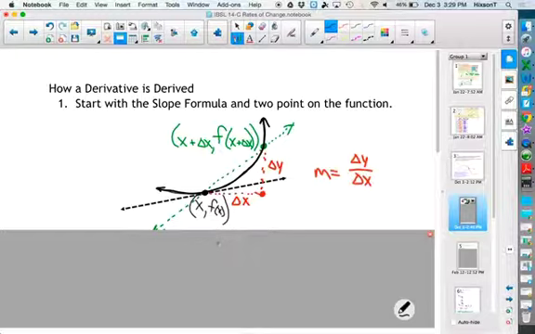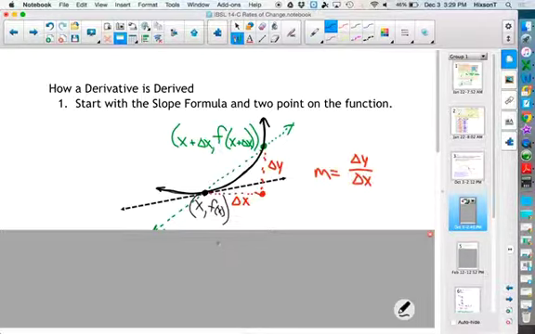So it's x plus delta x for our x coordinate, and then of course we have to evaluate the function for that new value of x. So basically all I'm doing is setting up the fact that we have 2 different points on the function, and remember how we were using the chord, finding the slope of the chord. Here, we're going to find the slope of this line through those 2 points.